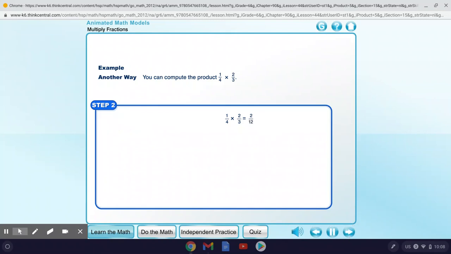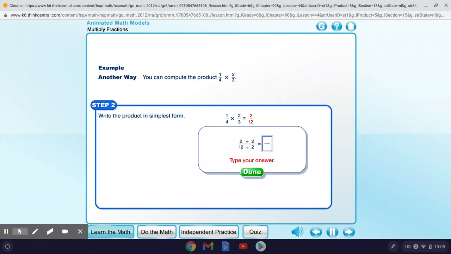Step 2. Write the product in simplest form. Divide both the numerator and denominator by the greatest common factor. Type your answer. All right, 2 divided by 2 is 1. 12 divided by 2?